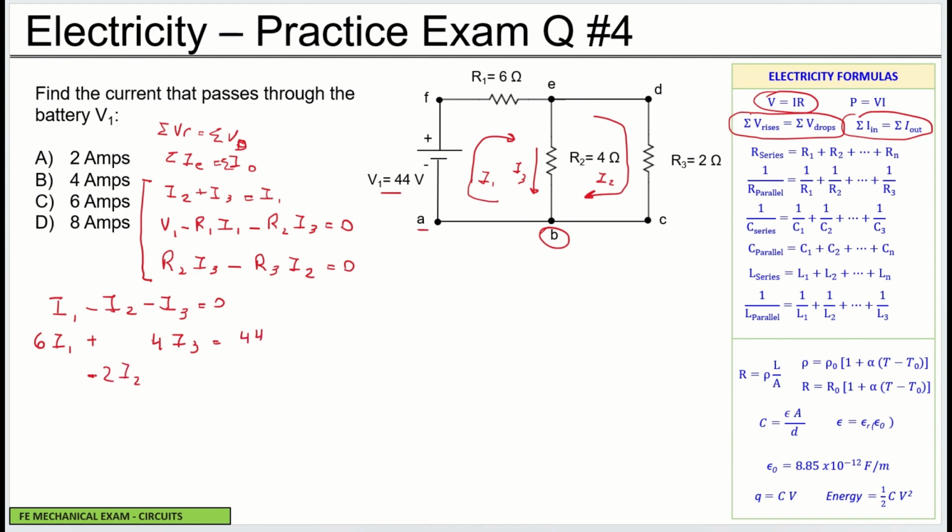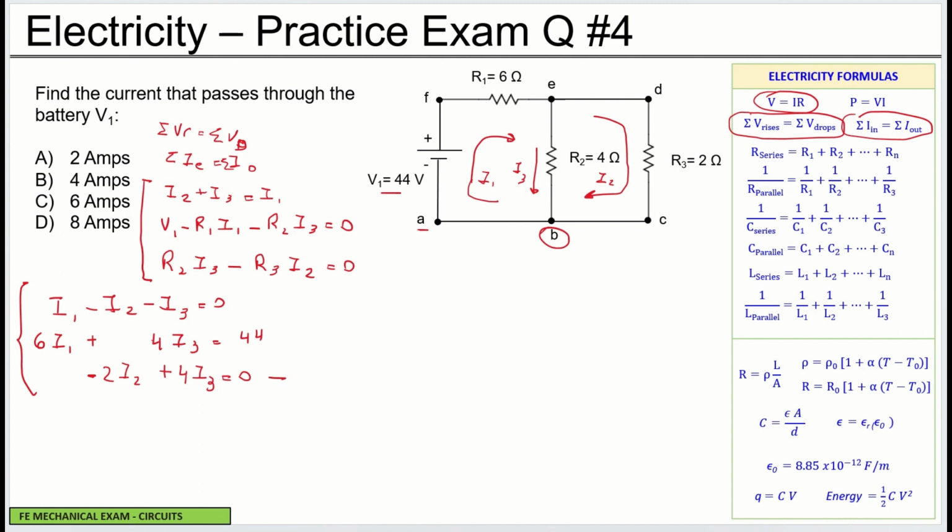The third equation is 2I2 plus R2 I3, that is 4I3, equals 0, so basically we have these equations.